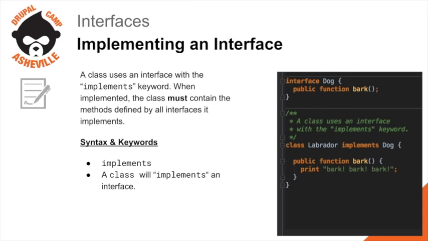So here's something that's great about interfaces. Oh, there's a lot of great things about interfaces. But one thing to know, stepping back, is that when you're defining a child class through inheritance, you can only ever extend one class. So using inheritance, you can only inherit one thing.